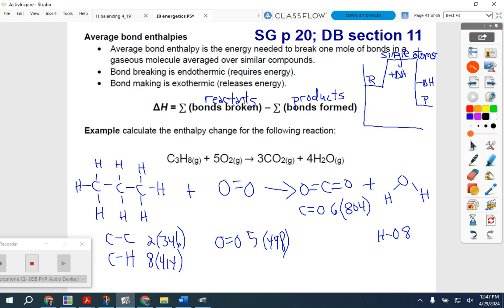And 8 times oxygen-hydrogen, which is 463. So I'm going to sum all of these, okay? And then I'm going to subtract, and that's going to give me my enthalpy of reaction. Okay?